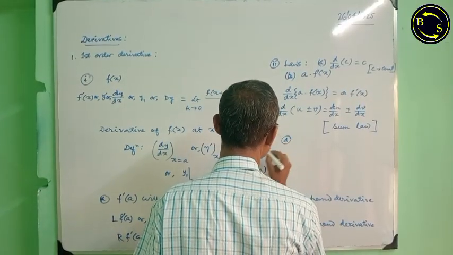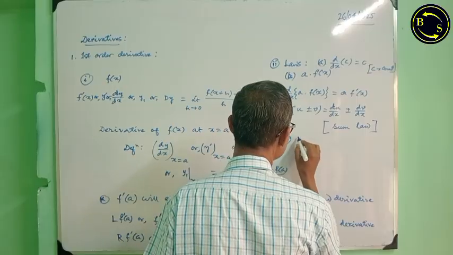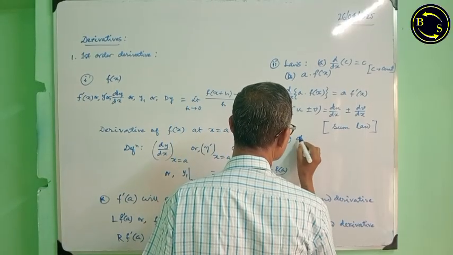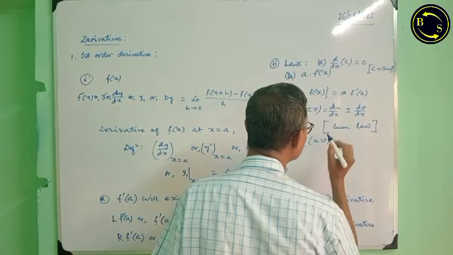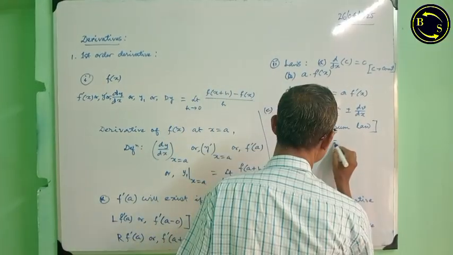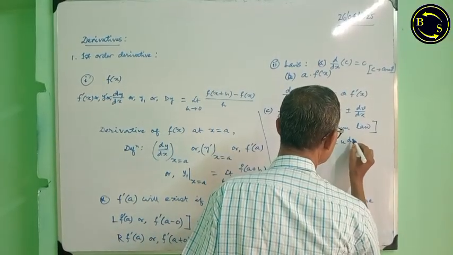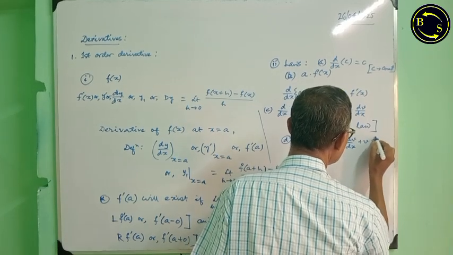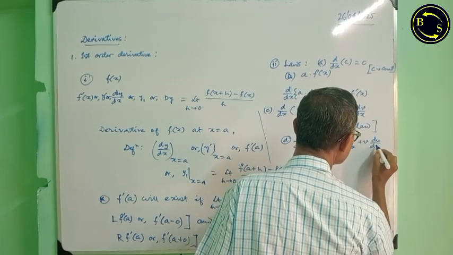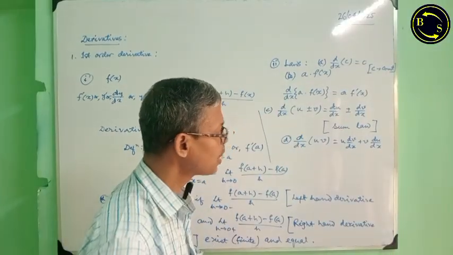Then product law means d/dx of u into v is equal to u dv/dx plus v du/dx, product law.